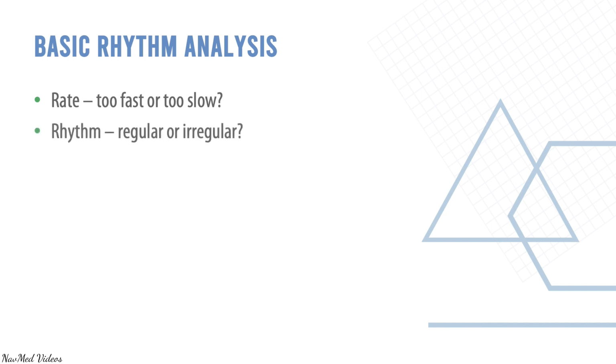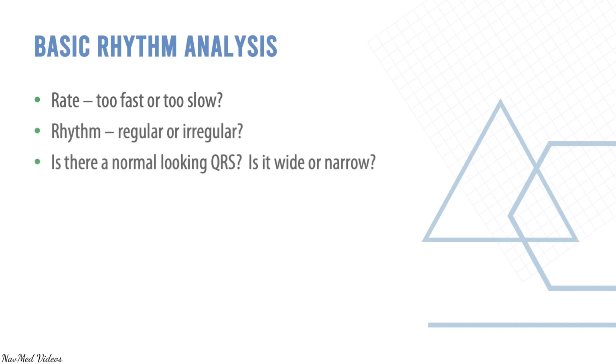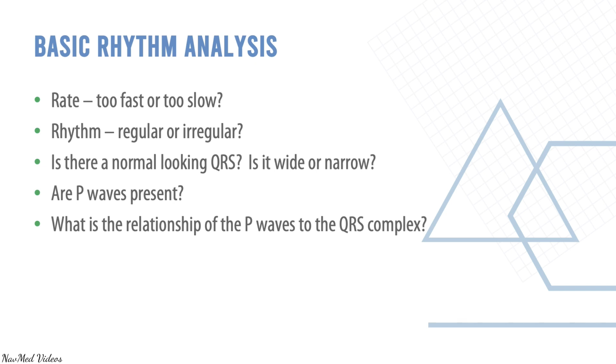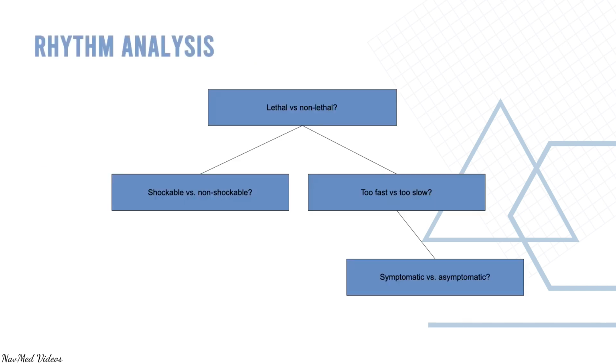Rhythm, whether it's regular or irregular. Is it a normal looking QRS? Is it wide or narrow? Are the P waves present? What is the relationship of the P waves to the QRS complex? So rhythm analysis: lethal versus non-lethal. Then you have to assess whether shockable versus non-shockable. Then too fast or too slow in the rhythm, symptomatic or asymptomatic.